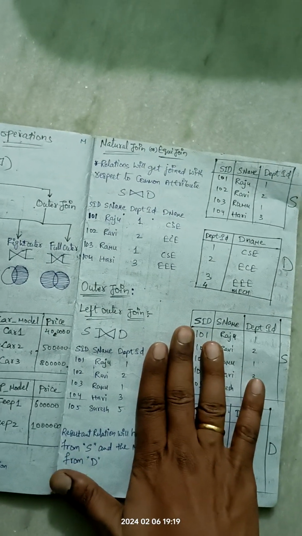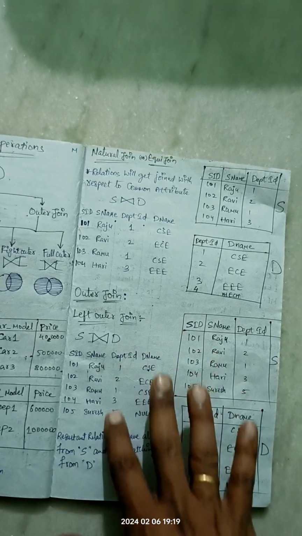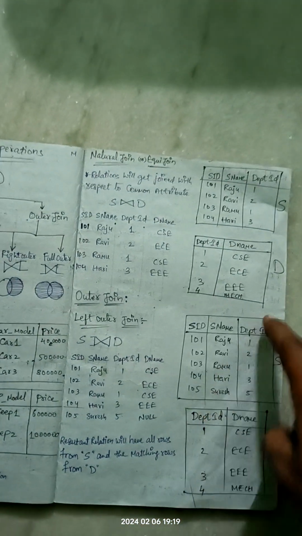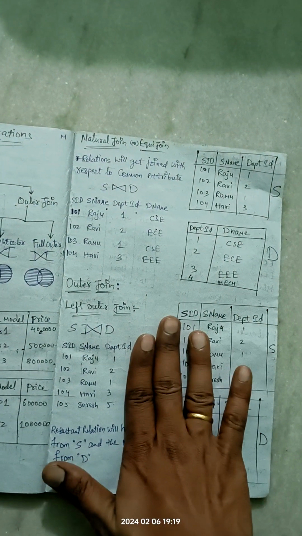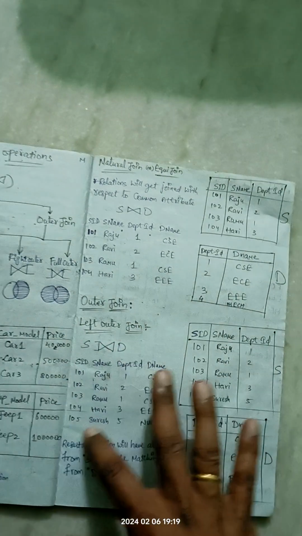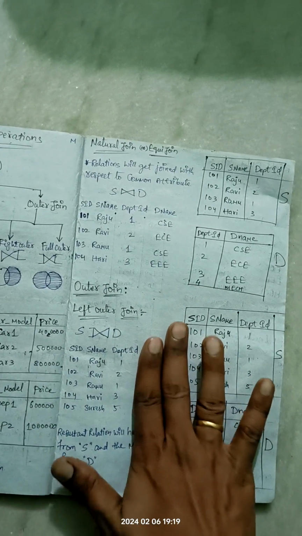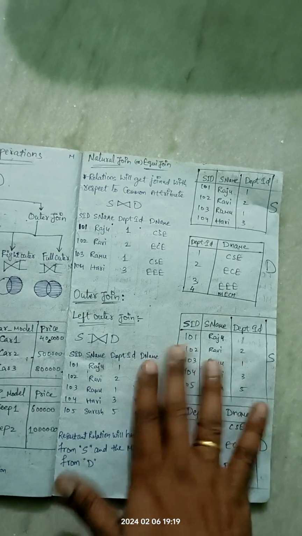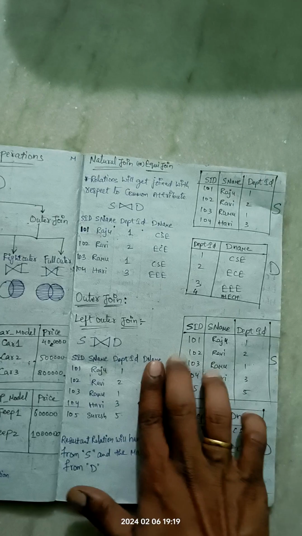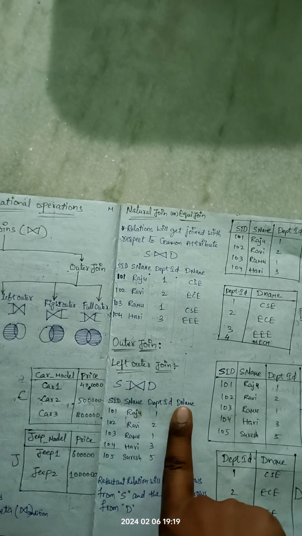This department name we'll find by using the department ID, which is the common attribute in both the tables. Understand? First we write this table as it is, and after that we find the department name using the common department ID.